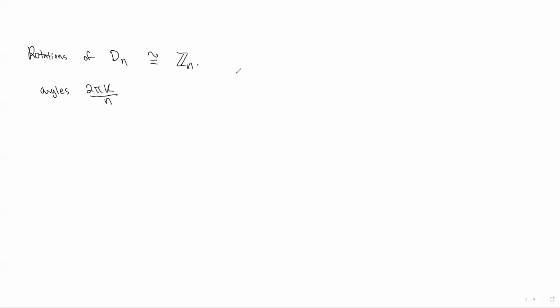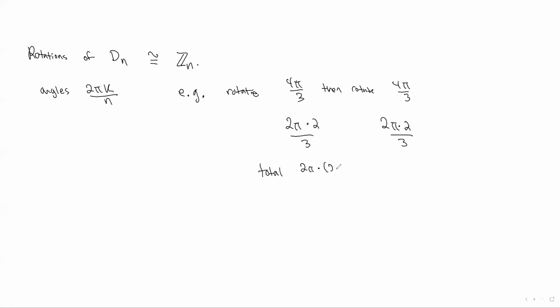For example, if you rotate by 4 pi over 3, then again rotate by 4 pi over 3, this is 2 pi times 2 over 3, this is 2 pi times 2 over 3, the total is 2 pi times 2 plus 2 over 3, which is 2 pi times 4 over 3, which is the same thing as 2 pi times 1 over 3, because 2 pi times 3 over 3 is 2 pi, which is just a trivial rotation.